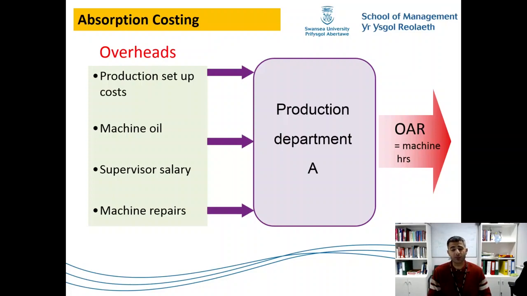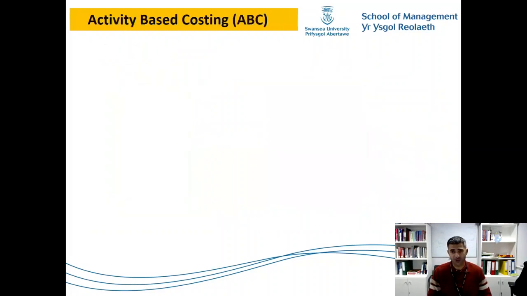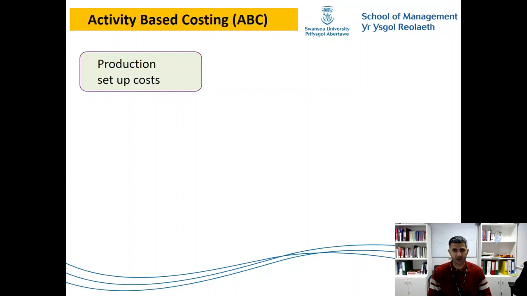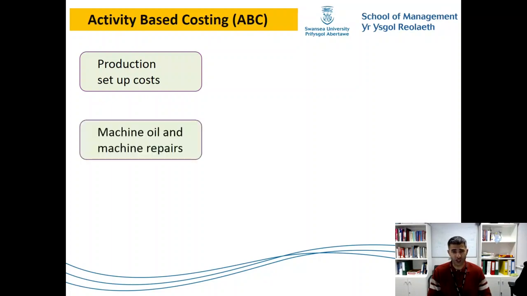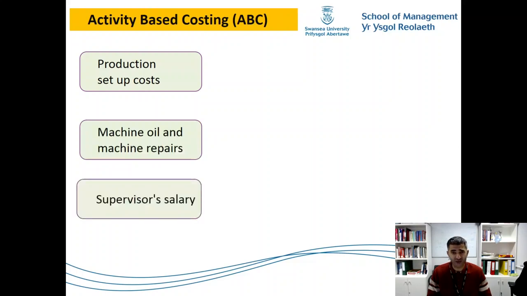However, with ABC the situation is different. Look here, it's very important. Every single overhead cost, for example production setup cost, machine oil, machine repairs, supervisor salary, these are overhead costs.